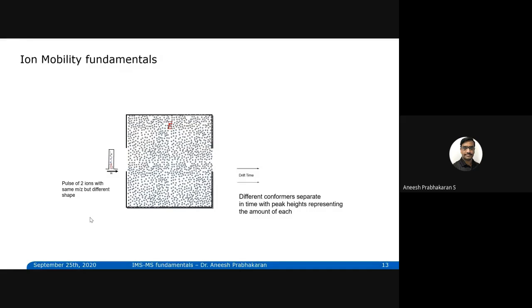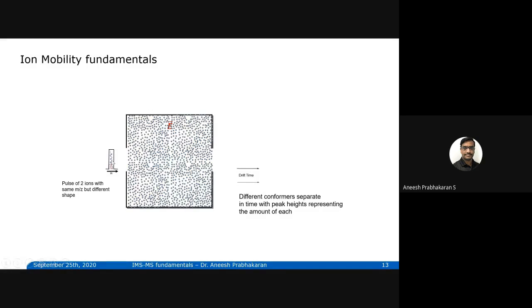Here is another demonstration of how the molecules are separated in the background gas and how we do the measurement. Here we have two molecules, both of the same mass. These are proteins. Native protein means the protein in the same shape as it appears in biological systems, and denatured protein means a protein which is stretched.